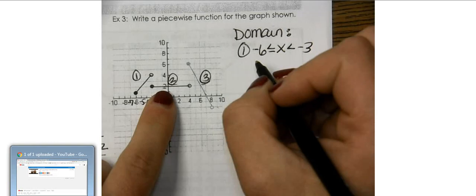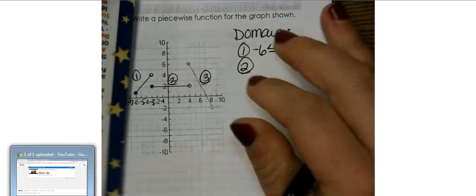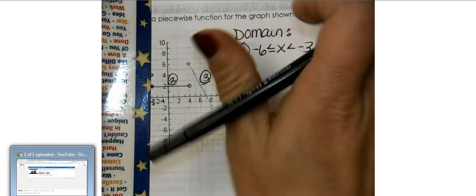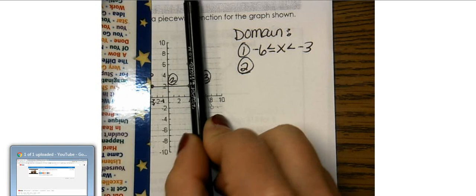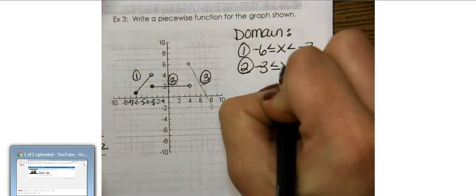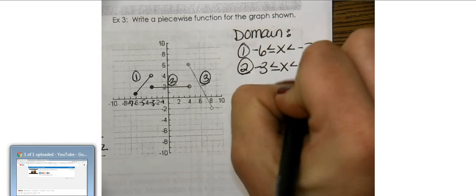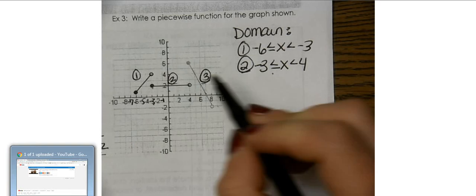For the next piece, it looks like it's starting at -3 and ending at 4. So my next domain piece is going to be -3 is less than or equal to x, which is less than 4. -3 has a closed circle and 4 has an open circle.